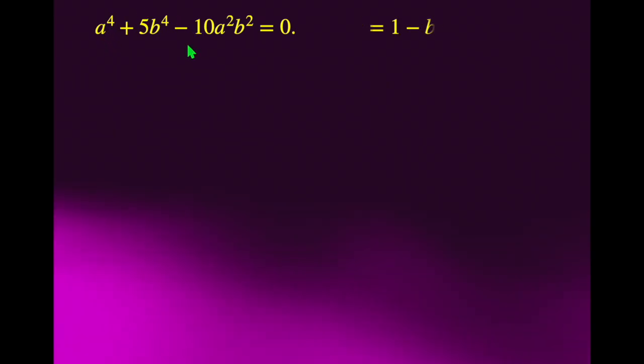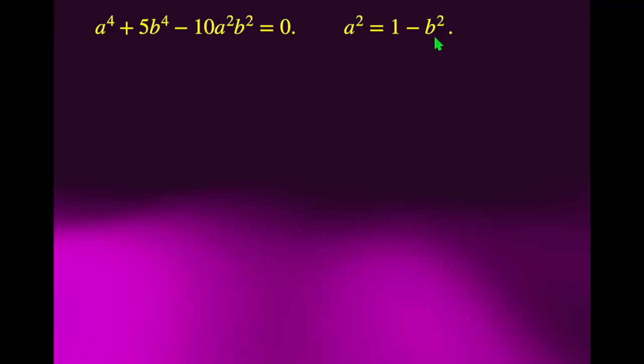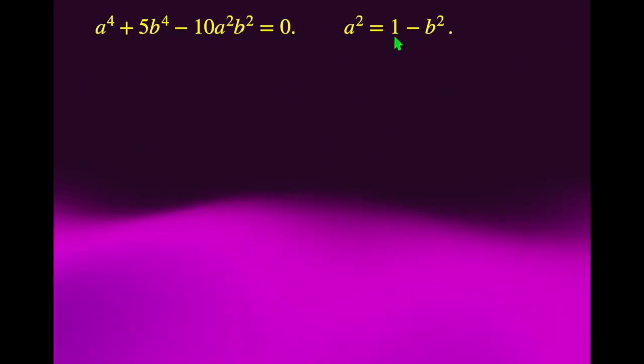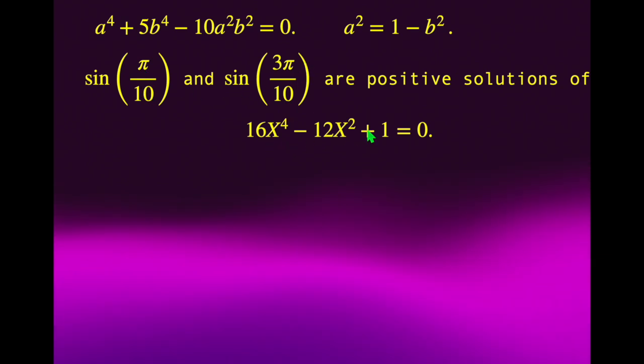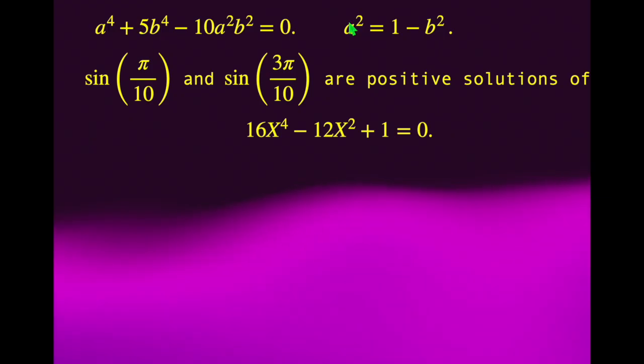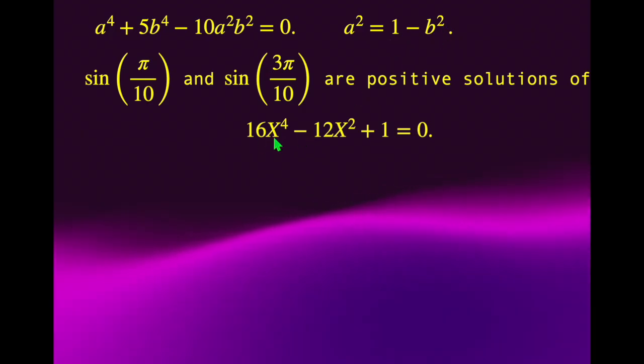Now in this relation we will use that sine squared is equal to 1 minus cosine squared, or cosine squared equal to 1 minus sine squared, and we replace, and we get that sine pi over 10 and sine 3 pi over 10 are actually the positive solutions of this equation, because we replace a by this relation and we get that b squared satisfies this relation.